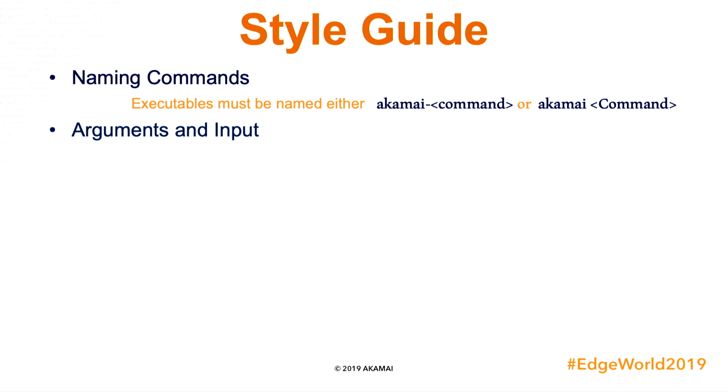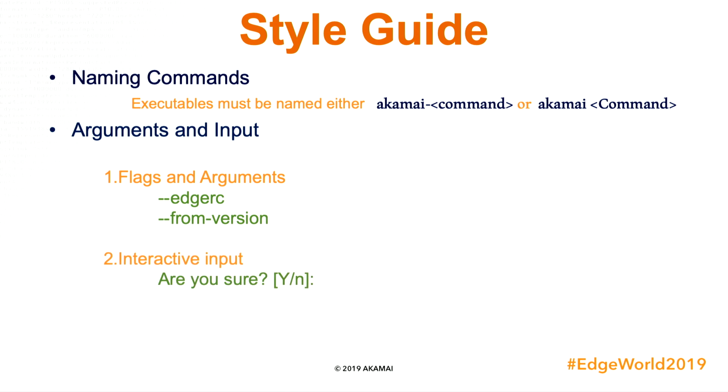There are 3 ways that you can configure input for the Akamai CLI. It can be an argument, or an interactive input, or an overriding of the existing one. Like I mentioned, EDGRC is a flag.